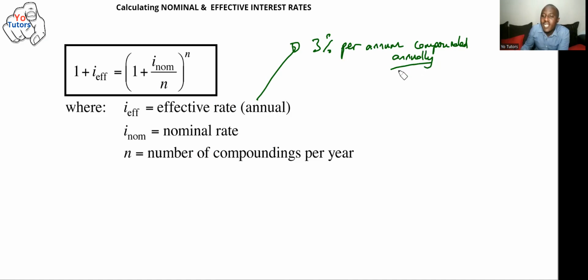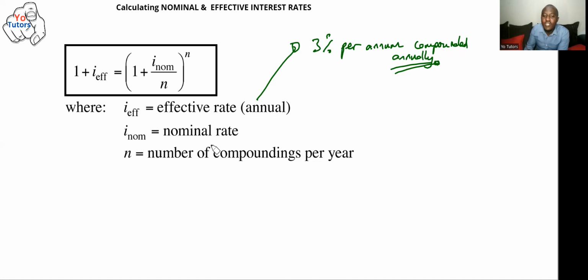So it's compounding annually. Here the number n is not affected much, because n is just the number of years on an effective rate. So n in this case will be just the number of years.